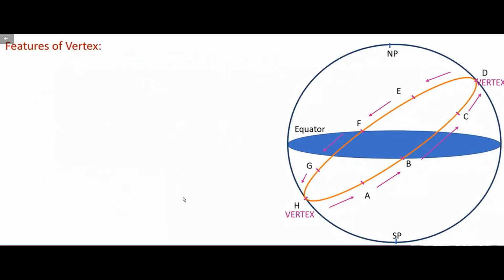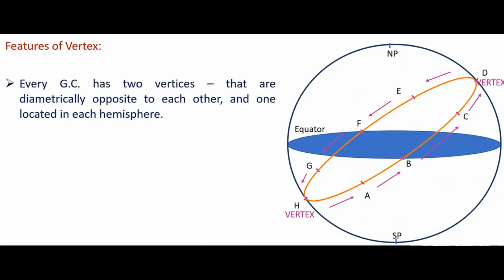Now, having understood what vertex means, let us understand some of the features of the vertex which will help us in solving certain questions. Every great circle, of course excepting the equator, has two vertices that are diametrically opposite to each other, one located in each of the hemispheres.